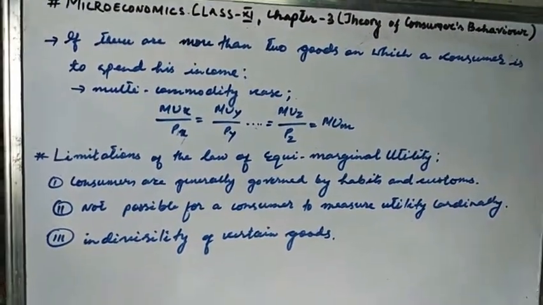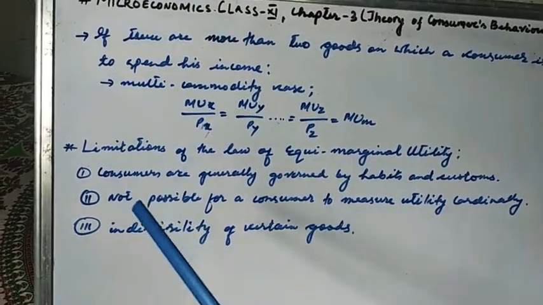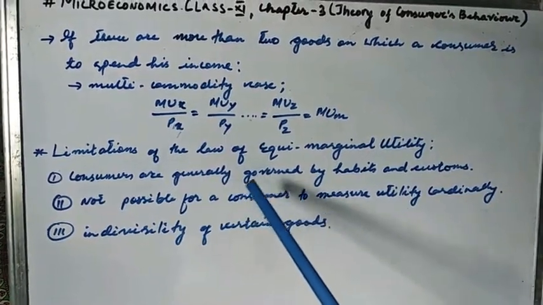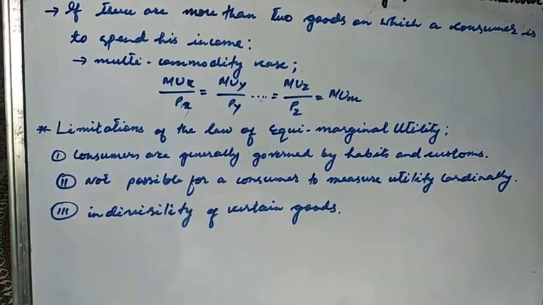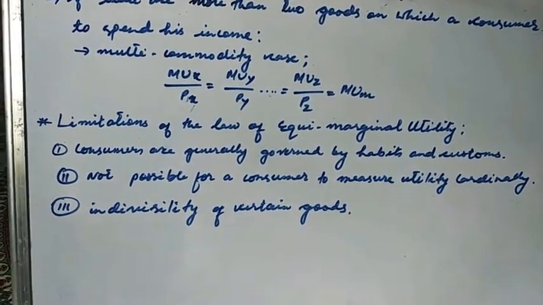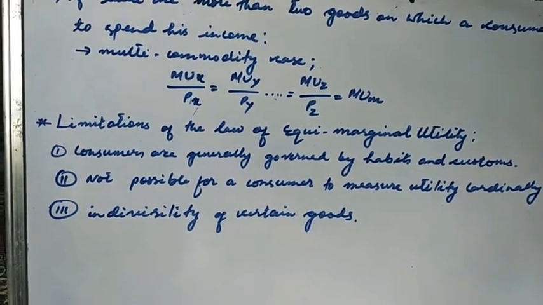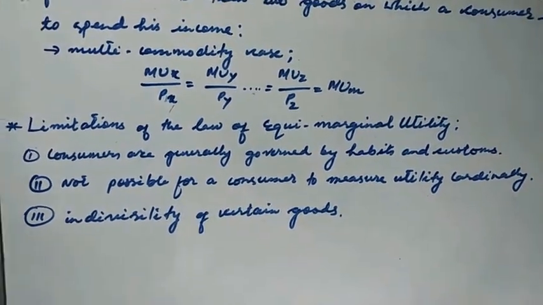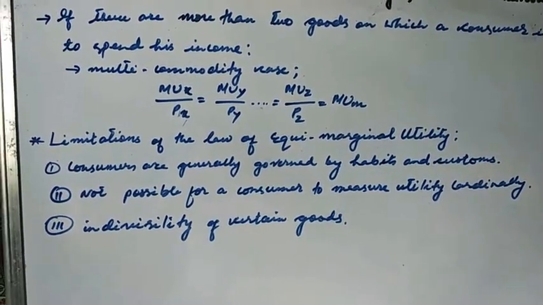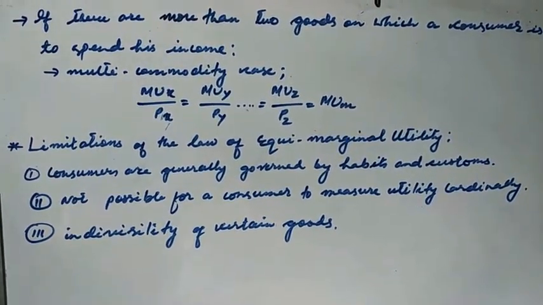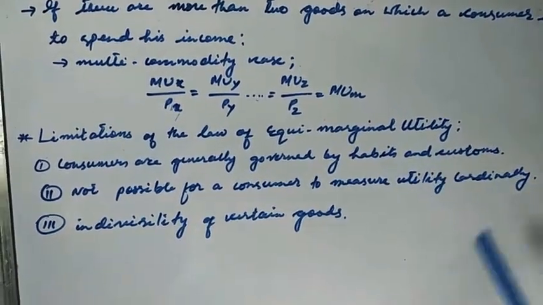So what are some of the basic limitations of the law of equi-marginal utility? Number one, consumers are generally governed by habits and customs, and ordinary consumers are not so rational, and they are not calculative. So what type of goods they buy does not generally depend on the utility that they derive, but is governed by habits and customs.